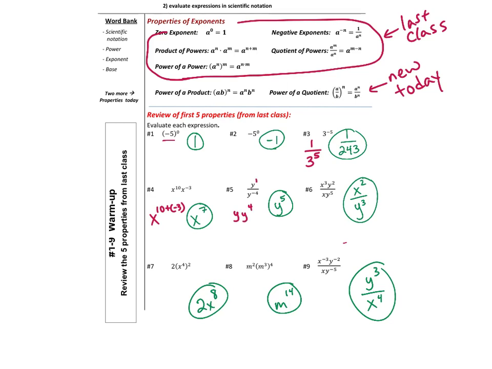So I already have one y to the 1st up there. So now I have one y and then multiplying by 4 more. So that then goes back to my product of powers. So when I'm multiplying the bases, I add the exponents. So that's why I get a 5 there.